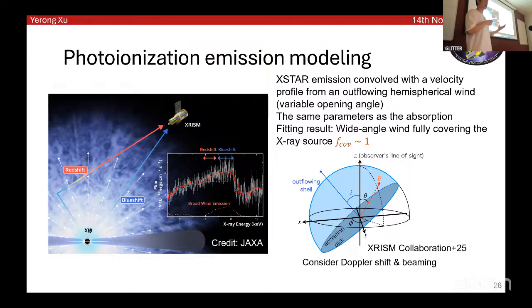So when we model this profile, we not only use the XSTAR emission model, but also convolve it with the velocity profile from an outflowing hemispherical wind. And the plasma parameters were linked to the absorption components, with only the opening angle free.